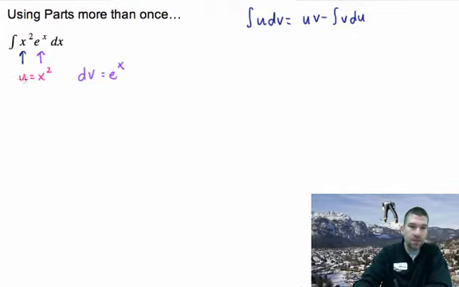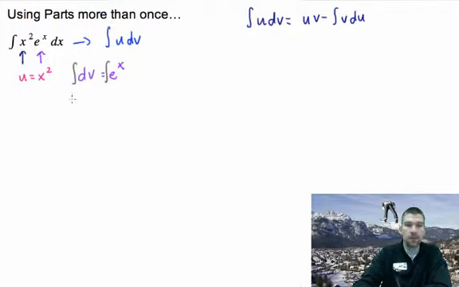So if I substitute u in for x squared and dv in for e to the x, my new integral is going to become the integral of u dv. Hey, we just discovered that right here. So what I need is u times v, but I don't have v, so I'm going to integrate these guys.